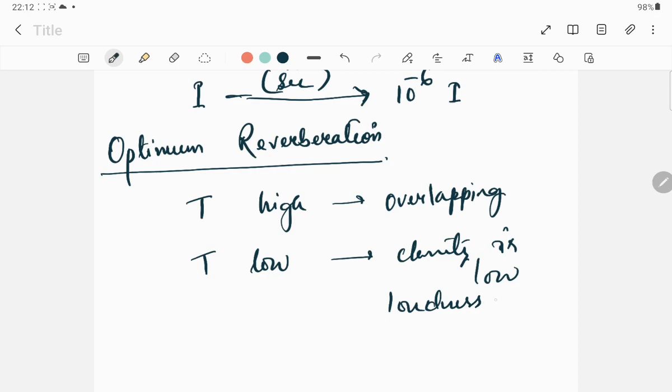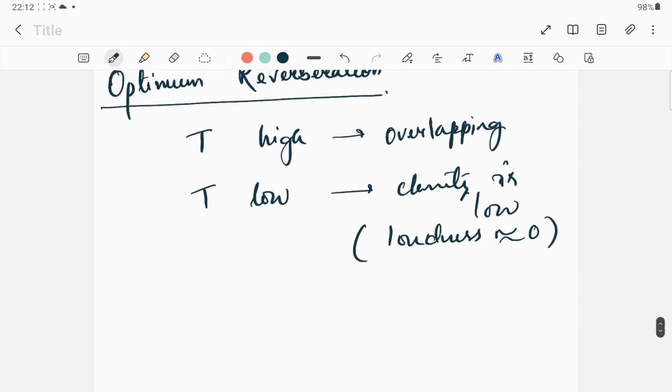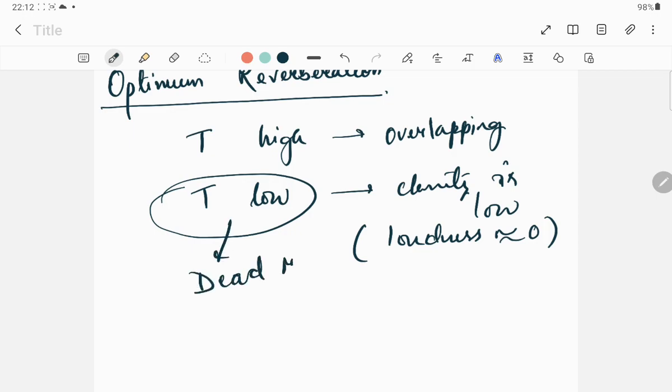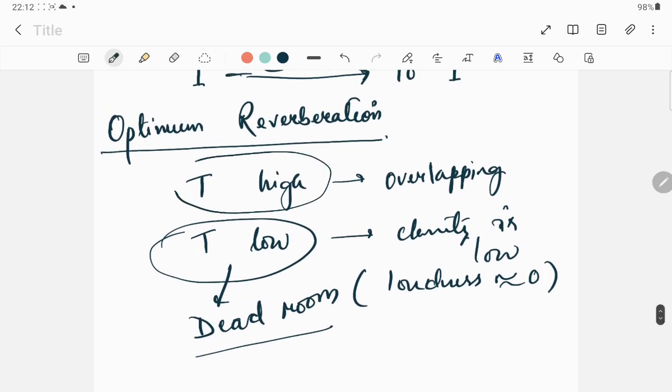If it is too small, the loudness will be approximately zero. Both cases are not suitable, neither too high nor too low. A room where the reverberation time is too low is called a dead room, which is not at all good. Similarly, a room where the reverberation time is too high is called a live room, which is also not good.